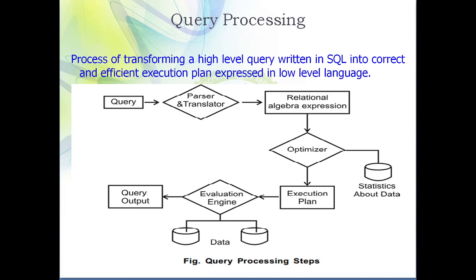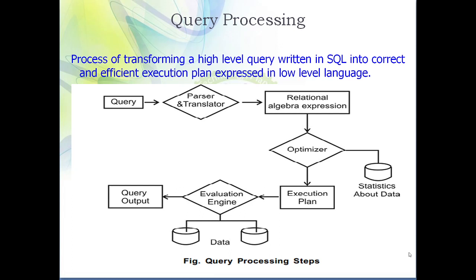Query processing is a process where you convert your SQL query written in a high level language to a database engine understandable form, so that your query will be executed. In another way, it is a process of transforming a high level query written in SQL into a correct and efficient execution plan expressed in a low level language.